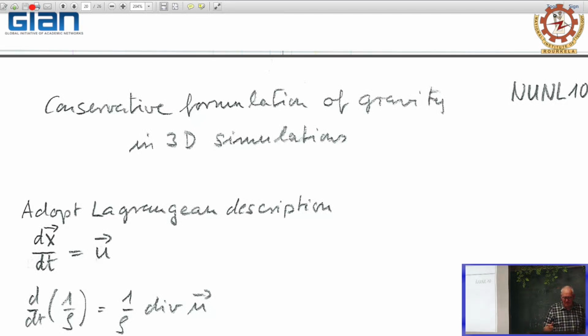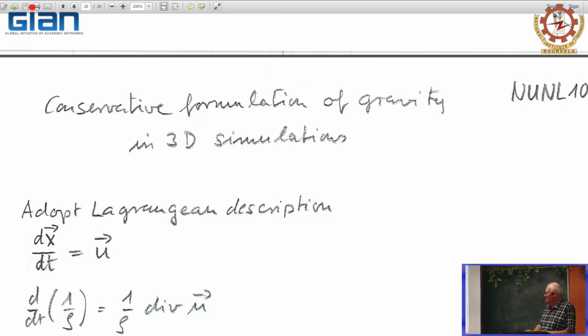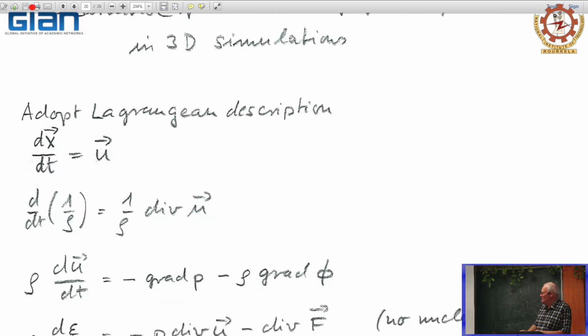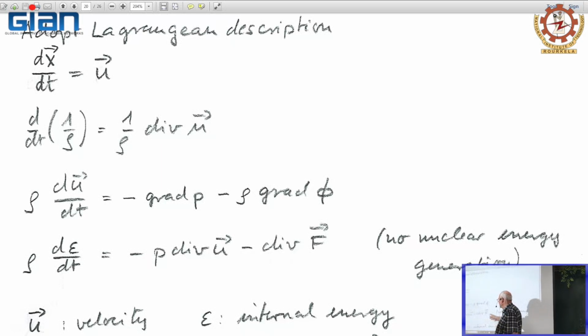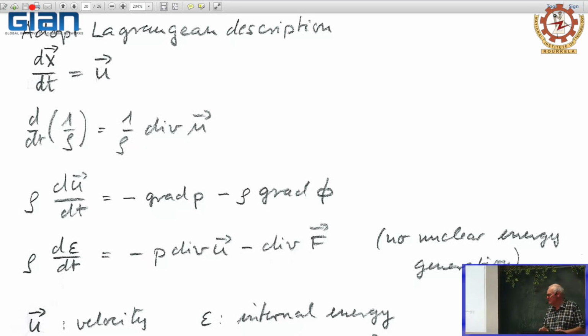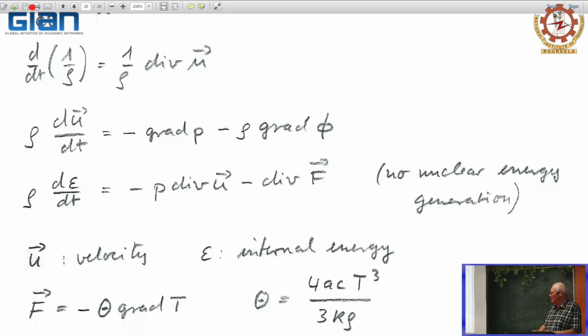Well, how do we proceed? We adopt the Lagrangian prescription. You already know the equations. This is mass conservation. This is the momentum equation. This is the energy equation. And now we denote by the vector U the velocity, and epsilon is the internal energy.